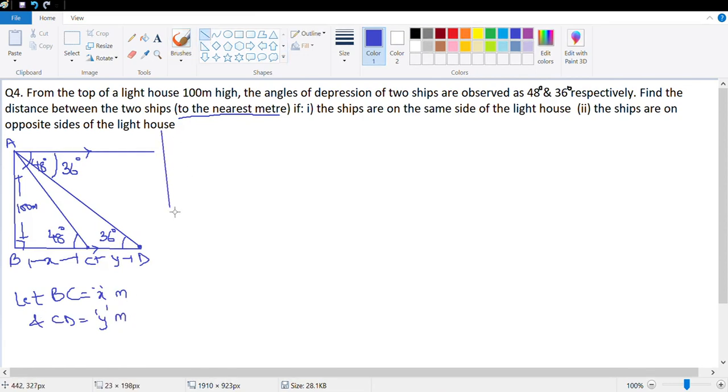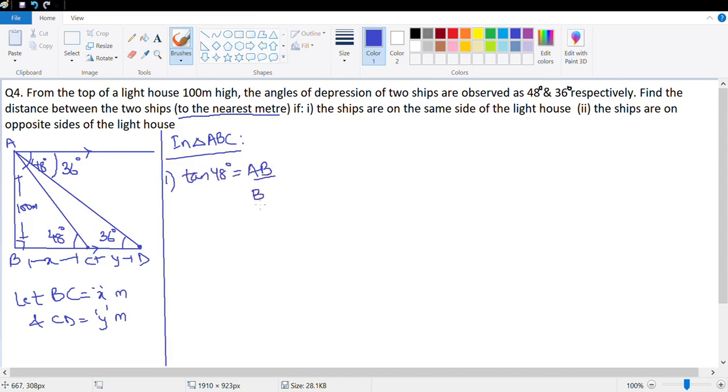Now we have two right angle triangles. Let's apply the trigonometry functions and see what we get. So in triangle ABC, number 1 would be tan 48 degree is equal to AB upon BC.